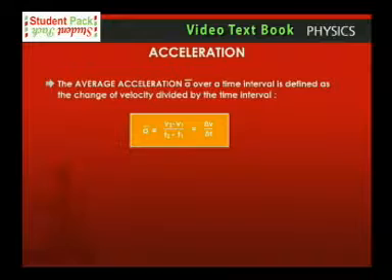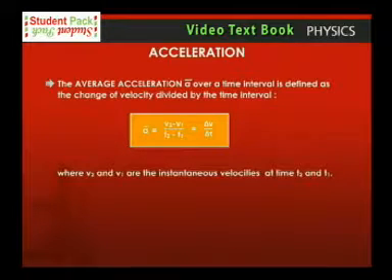The average acceleration a bar over a time interval is therefore defined as the change of velocity divided by the time interval. That is, a bar is equal to v2 minus v1 by t2 minus t1, which is equal to delta v by delta t, where v2 and v1 are the instantaneous velocities or simply velocities at time t2 and t1.